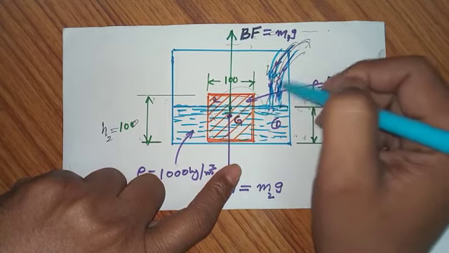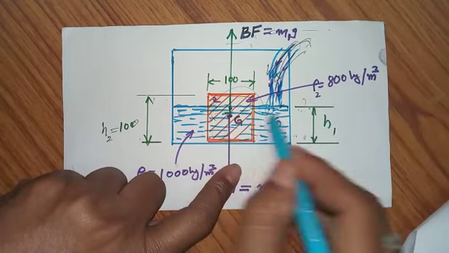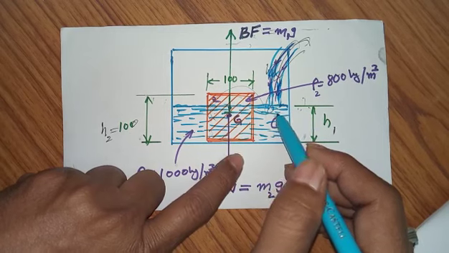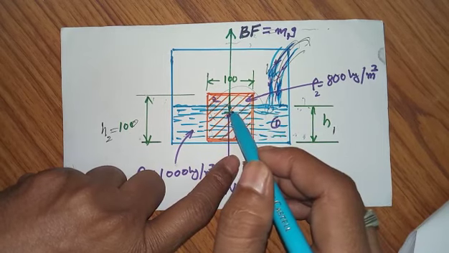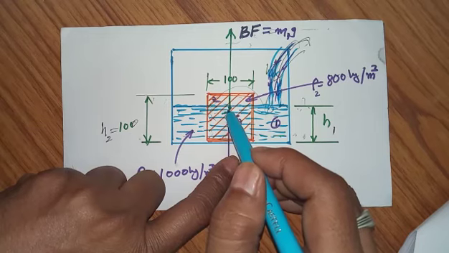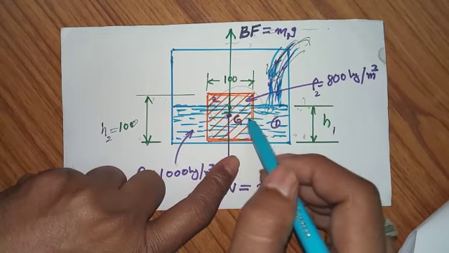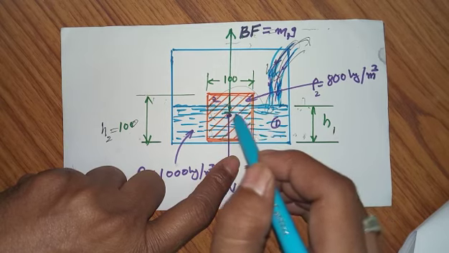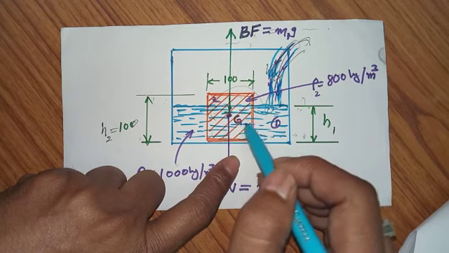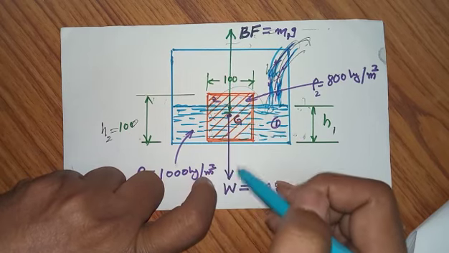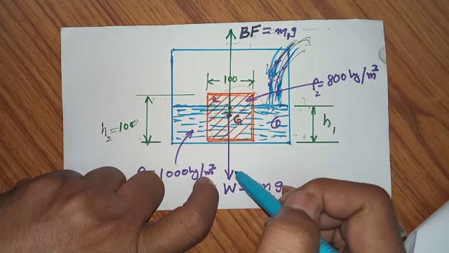When the liquid is poured into the container, its level is slowly increasing. When the level increases, the amount of liquid is replaced by the solid. That replaced liquid is creating some upward force to overcome the weight of the solid body.